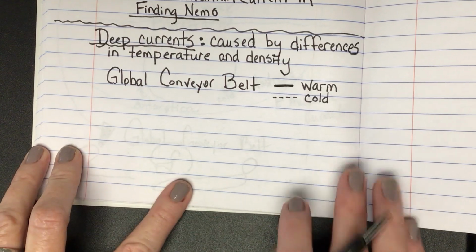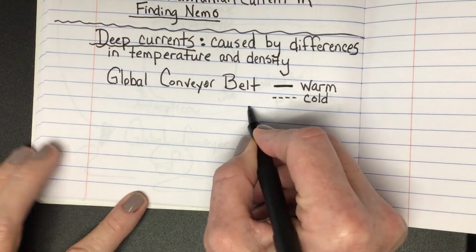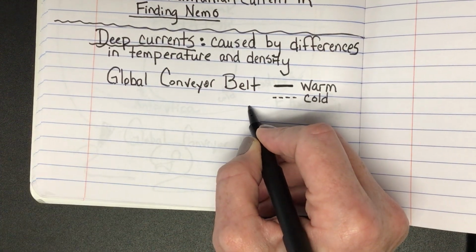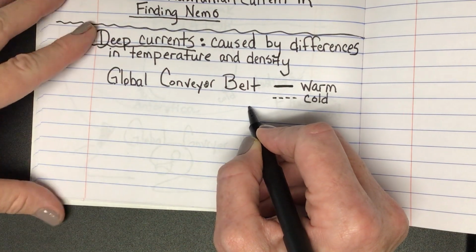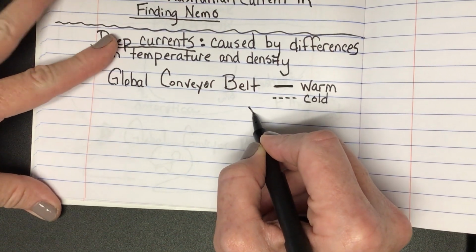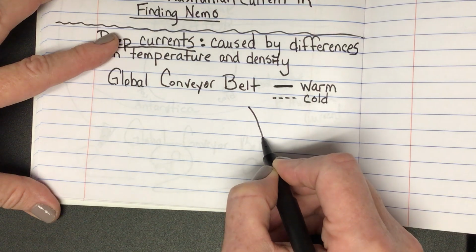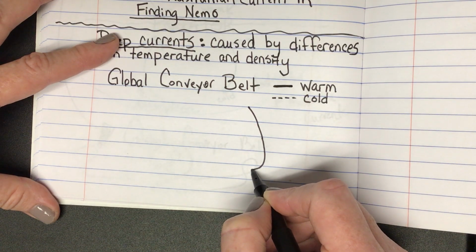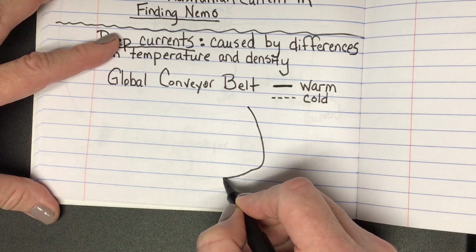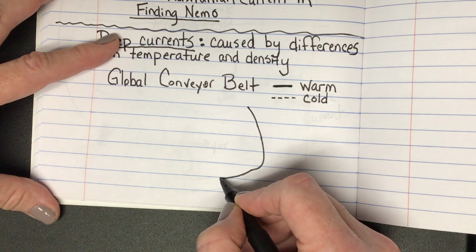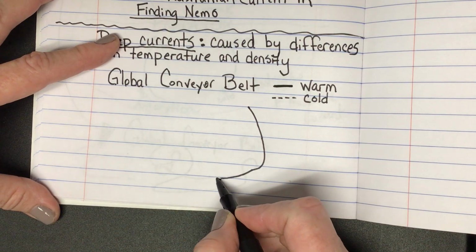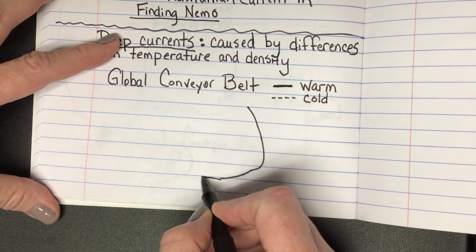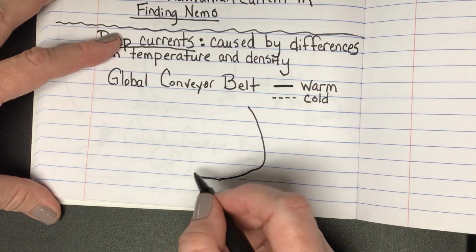So we're going to start here. And y'all, if yours doesn't look just like mine, it's no big deal. You just want to get the idea, okay? All right, so this warm current is moving. Why did it change directions? It's supposed to keep going like it did. What do you think it hit? What force do you think acted on it?